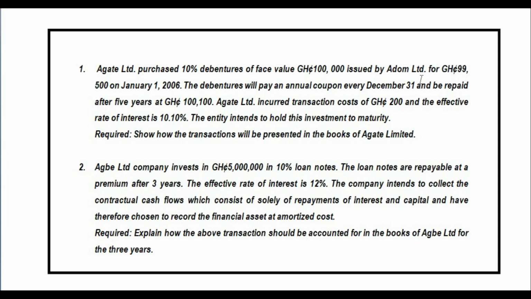But since we are dealing with financial assets, our questions are targeted to financial assets. The first clue here is purchased. So Agate Limited purchased 10% debenture of face value 100,000 issued by Adom Limited. And let's also take note that we are reporting in Agate Limited's book.